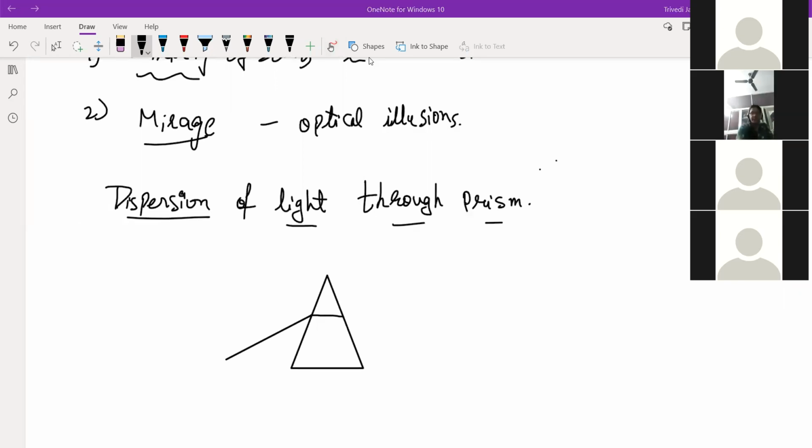So what will happen here? It's a white light. This is the white light.